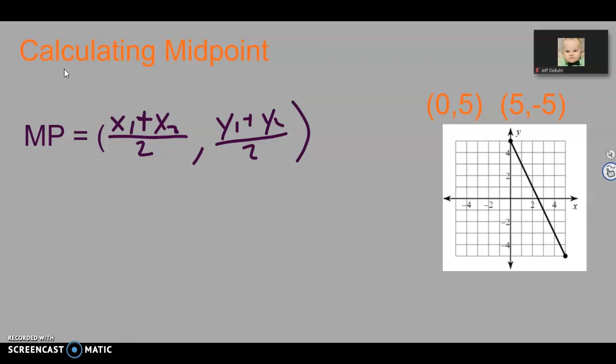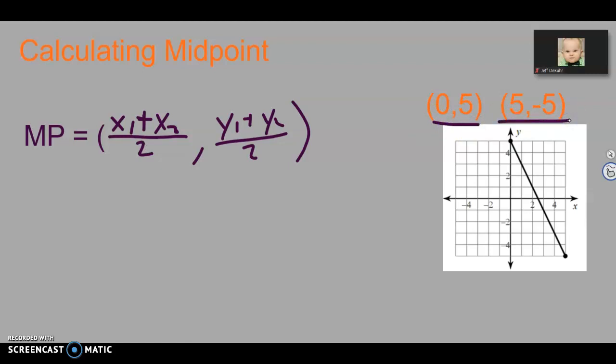So the midpoint formula is exactly what we just talked about. If you want to find the middle of two things, you add them together and divide by 2. So to find the middle point of our segment, you simply add the x's together and divide by 2. That gives you the x value of your midpoint. To find the y value, you add the y's together and divide by 2. You find the middle. So when you look at the picture on the right, I went ahead and found the 2 points, 0, 5 and 5, negative 5.